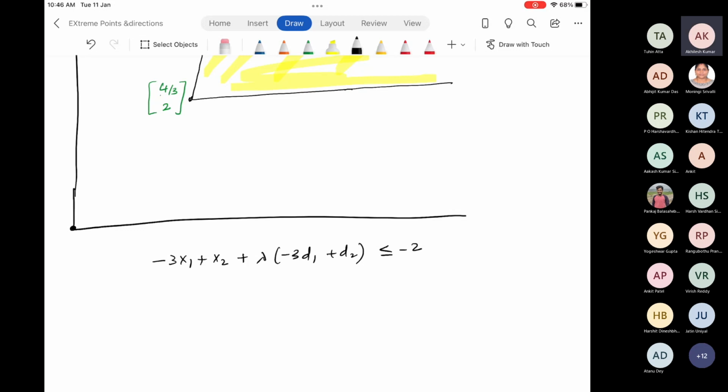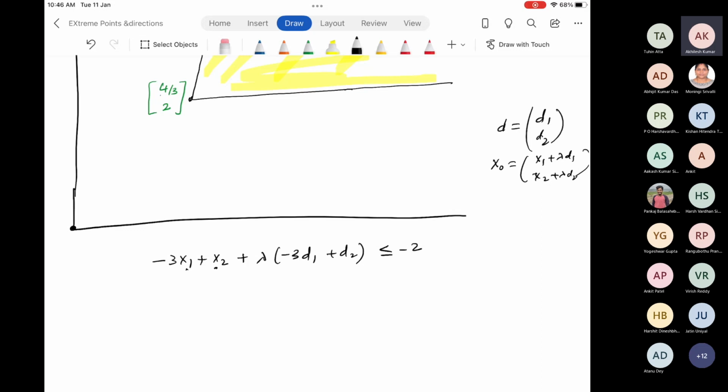Necessarily, suppose there is a direction d1 and d2, and there is a starting point x0. So I'm putting x1 and x2 as x1 plus lambda d1 and x2 plus lambda d2. Is this clear? So you can write each of the equations like this.